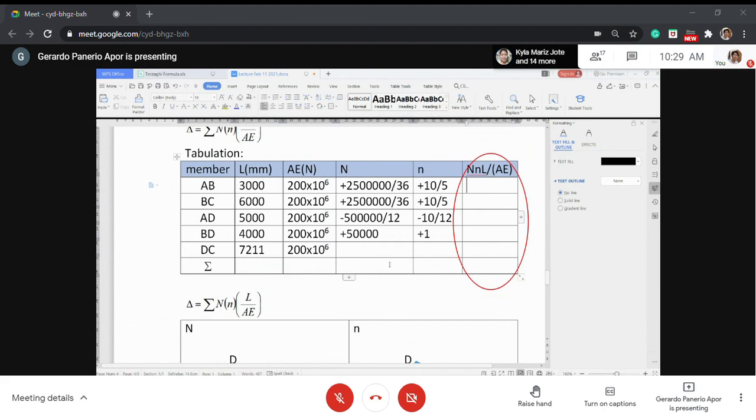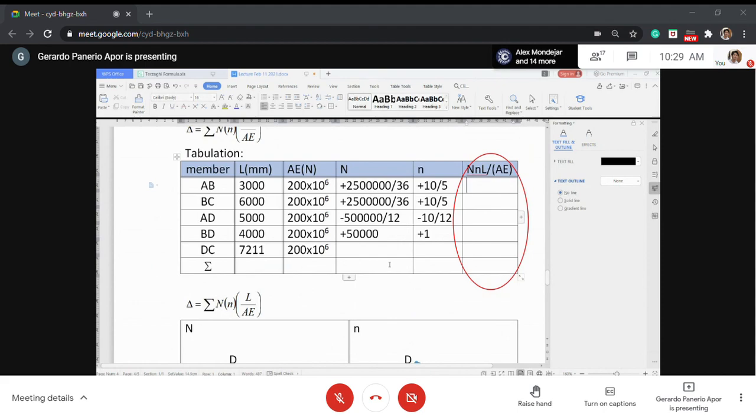So n is 2,500, 1, 2, 3 times 3,000 times 10 divided by 36 divided by 5 divided by 200, 1, 2, 3, 4, 5, 6.